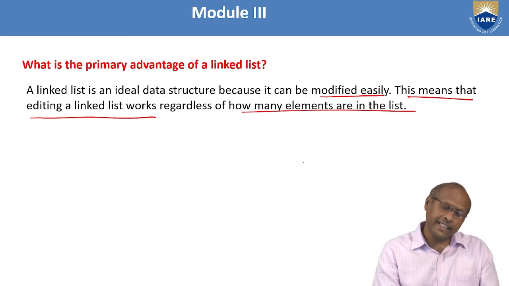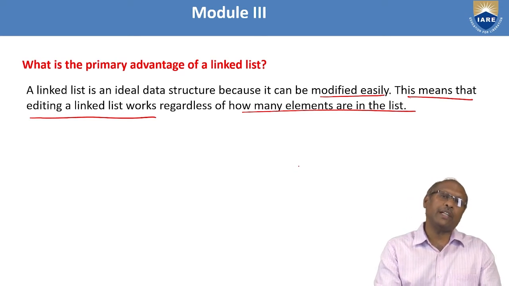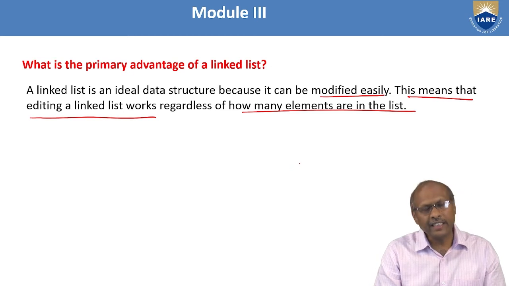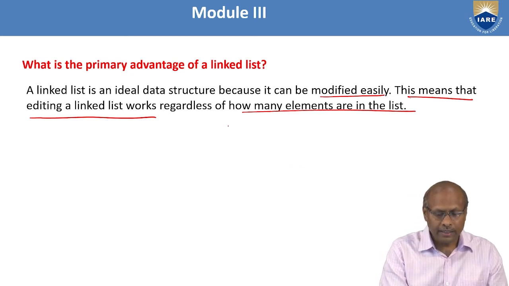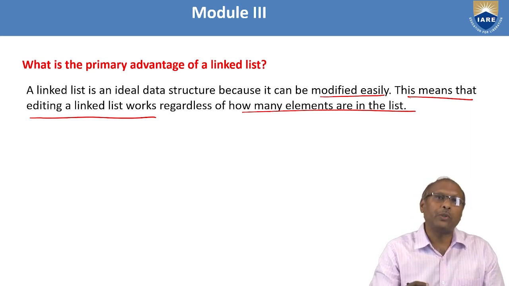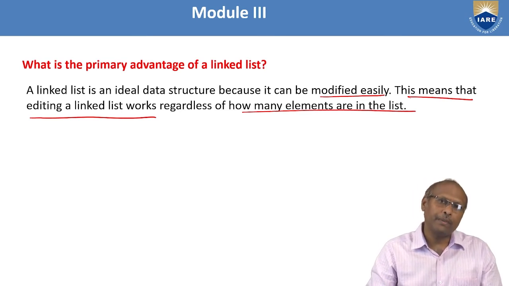Actually, other than linked list, there is another data structure called array. In an array also you can store data, but there you cannot insert and delete easily. That takes a lot of time. Whereas linked list is easier for insertion as well as deletion. Of course, there is also no wastage of memory. Memory can be utilized efficiently in the case of linked list. That's why linked lists are useful.